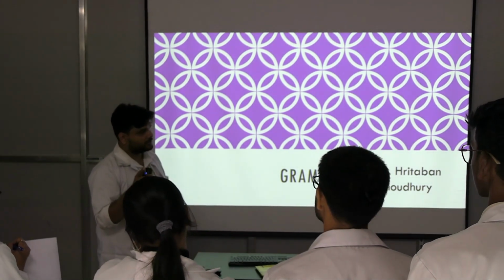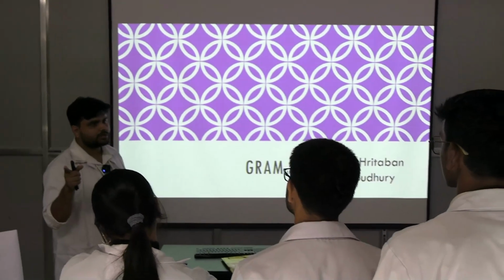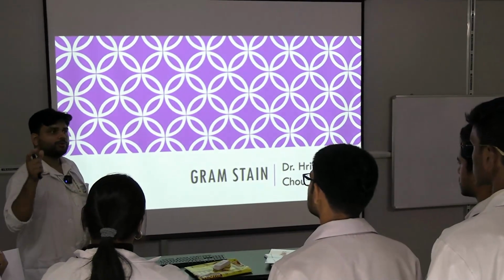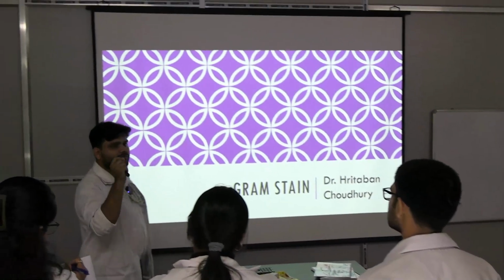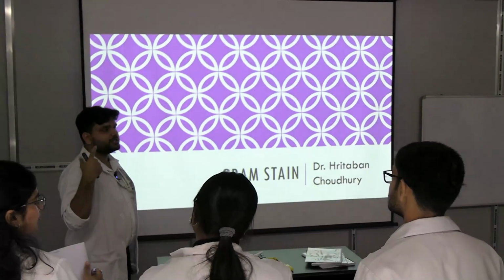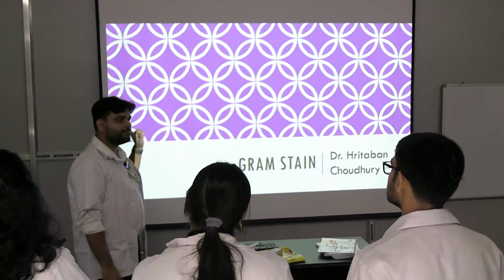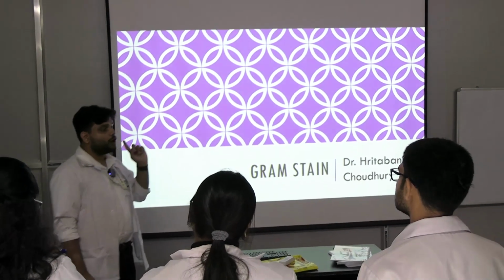The other one that you read in mycology was LPCB, lactophenol cotton blue. So only those in which the names already contain the word blue will be blue. In case of gram staining, gram positive will always be purple or violet.